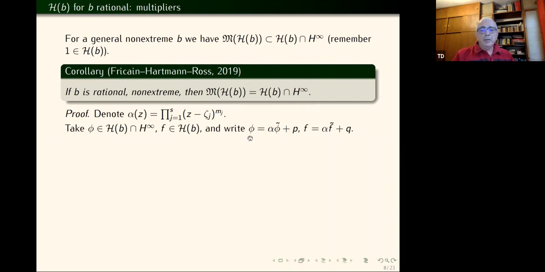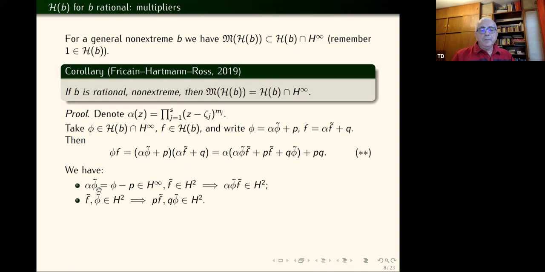So we write phi and f according to the decomposition. Then we multiply, and then we take alpha as a factor wherever we are able to do it. So we can do it in 3 of the 4 terms, and then we are left with PQ.